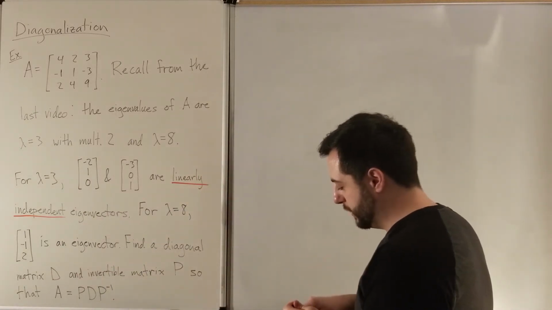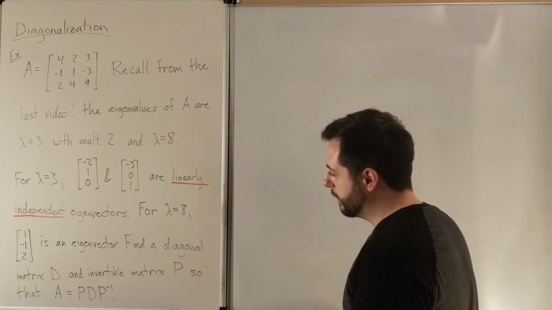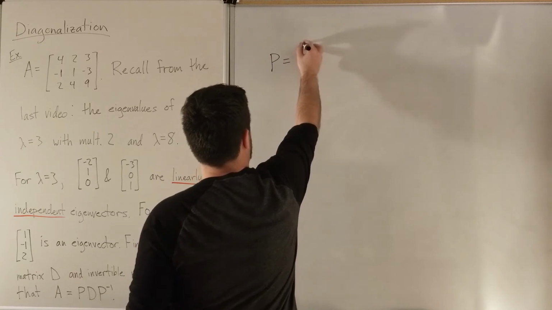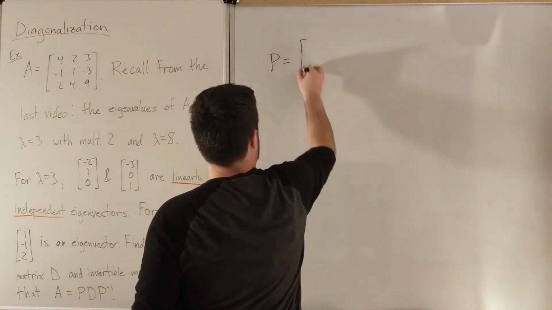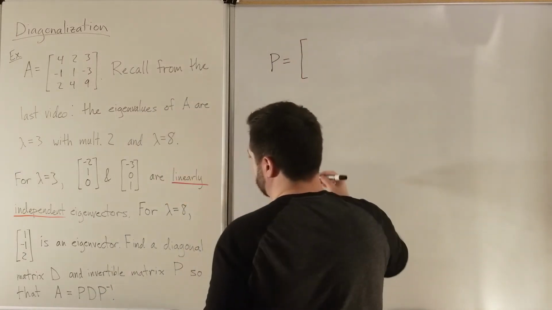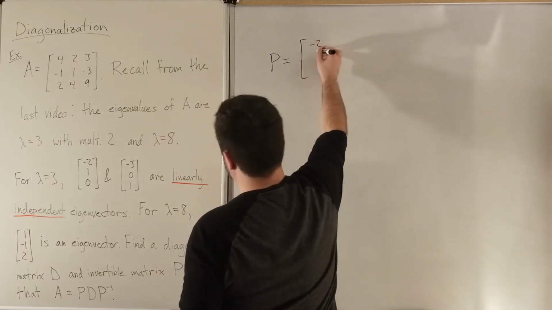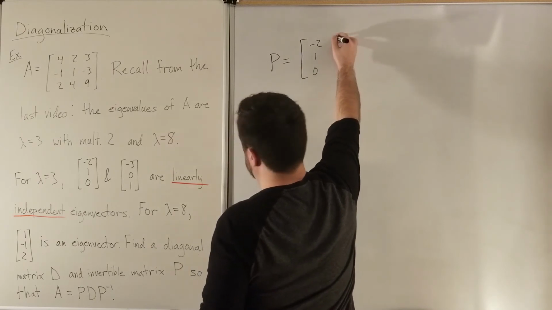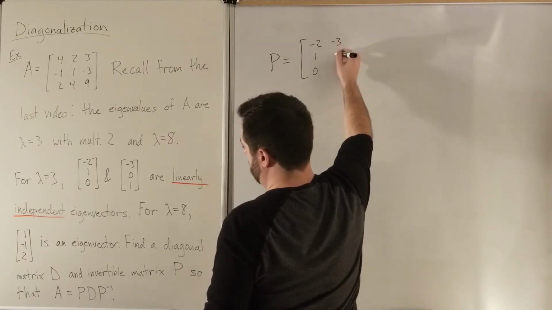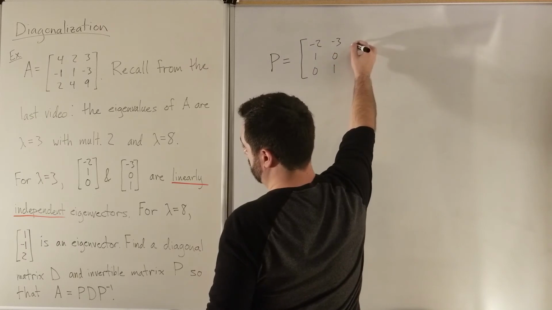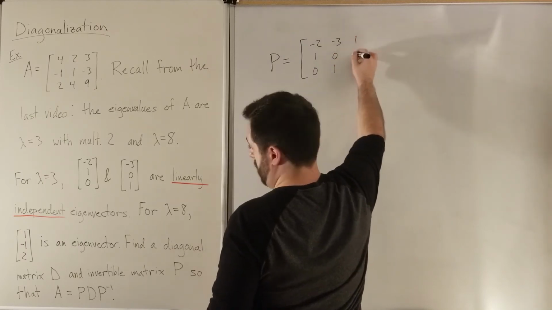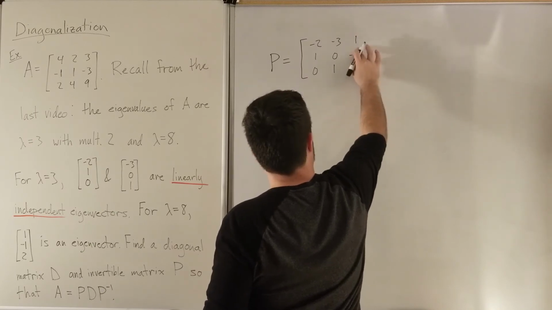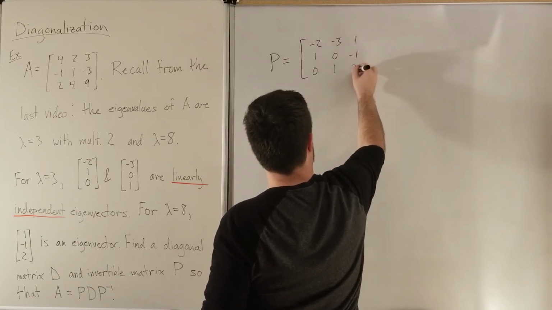Okay, so the P and the D are going to be just as they were before. They're going to be the eigenvectors forming the columns of P. So I'm just going to write those down. Negative 2, 1, 0, and negative 3, 0, 1, and negative 1, 2.